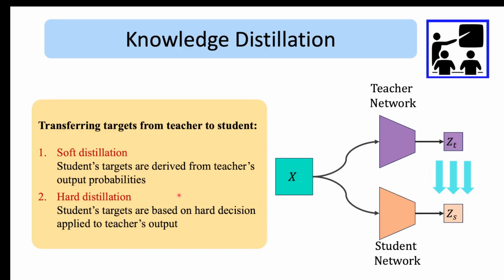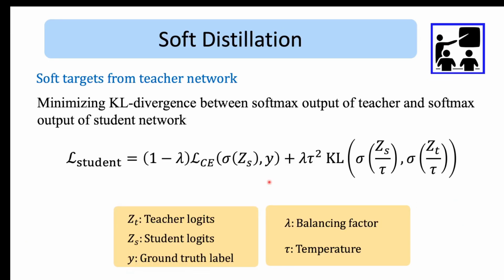Now let's dig into the knowledge distillation framework proposed by DeiT. For soft distillation, the authors proposed the following loss function for training the student. In this equation, Zt and Zs are the logits of the teacher and student respectively, and sigma denotes the softmax function that converts logits to probabilities.